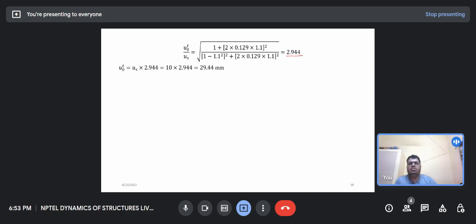Now I know what my u_st or u naught is, 10 mm given in the question. So that is my absolute displacement, the total displacement of the block.